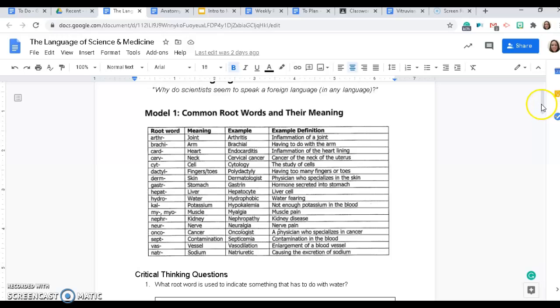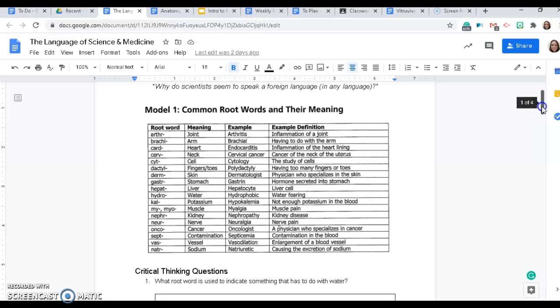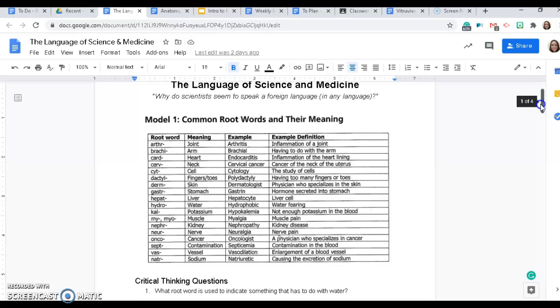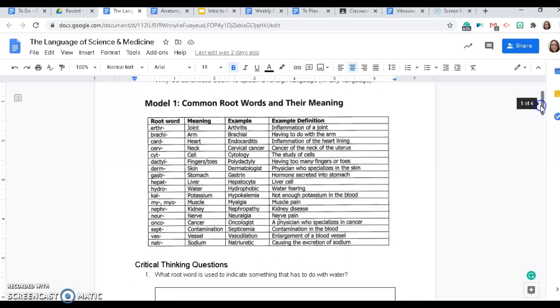The other thing I want to mention is some questions say, using the model or refer to the model. What they're talking about is these tables. We'll do a number of activities like this throughout the year. The model could be a picture or a graph, but they're usually something for you to go back and look at again.